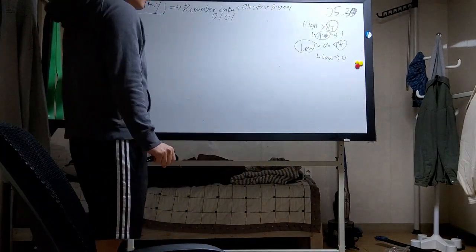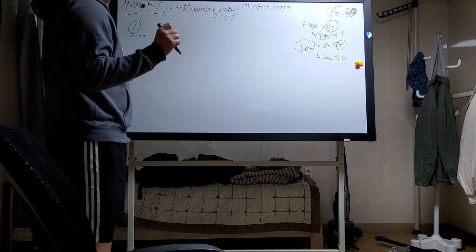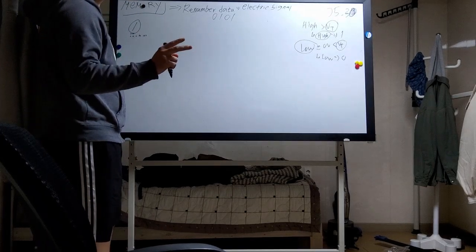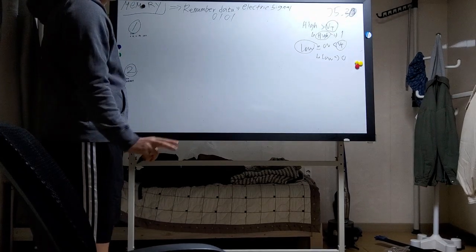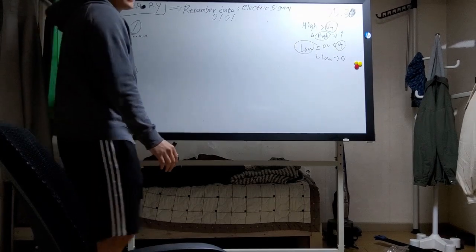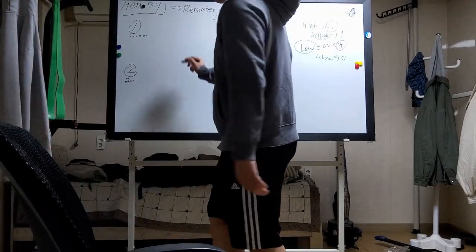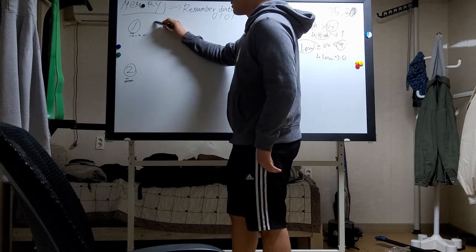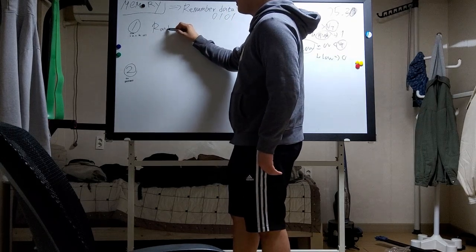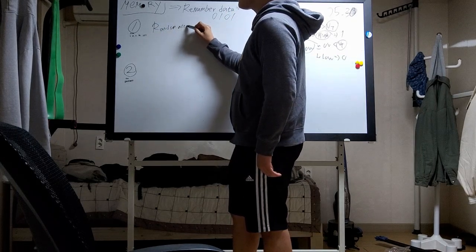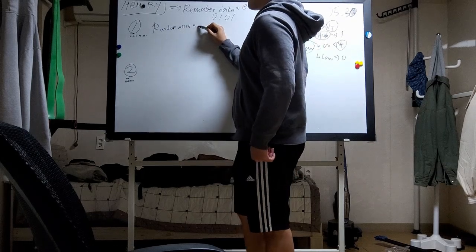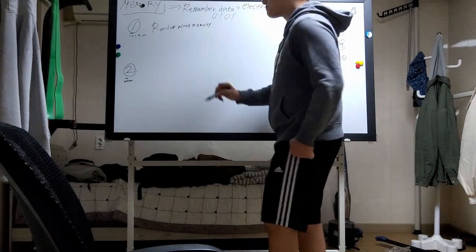For the memory we are covering, there are two typical architectures and variations. The first is RAM, random access memory.